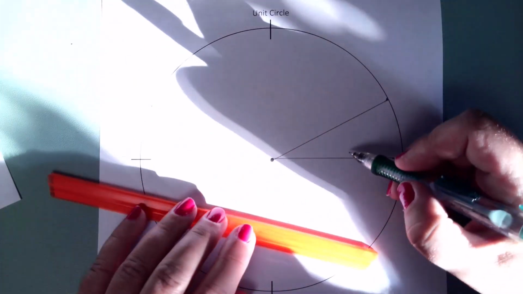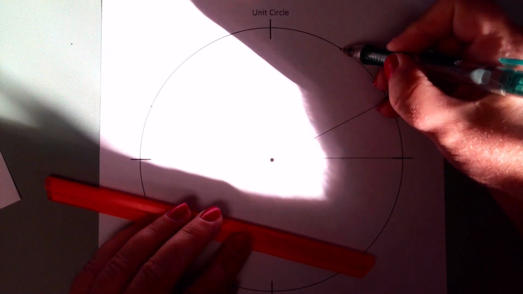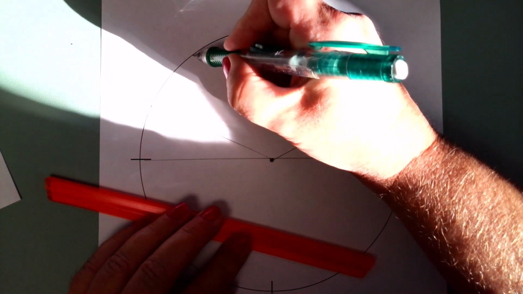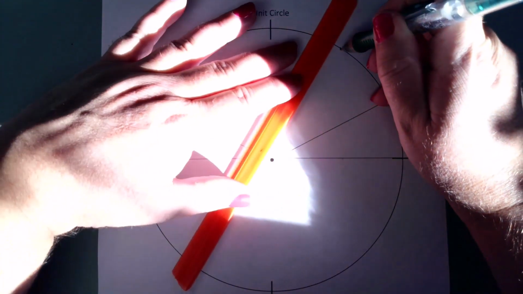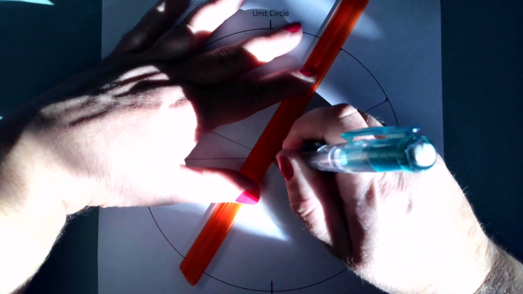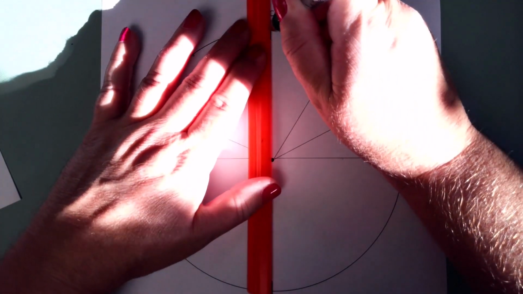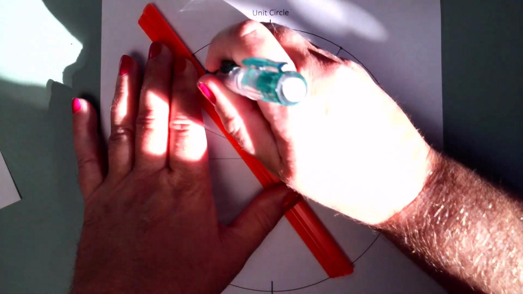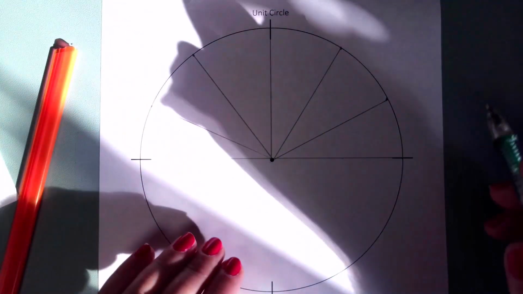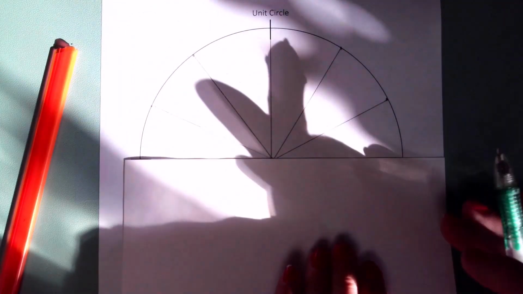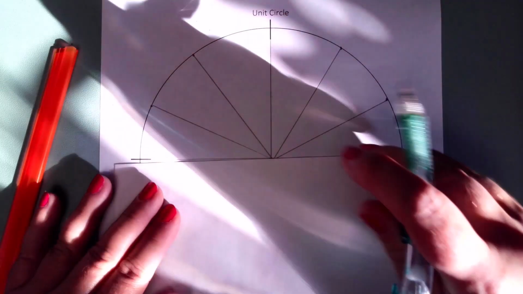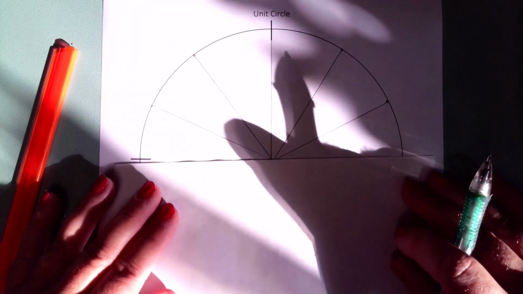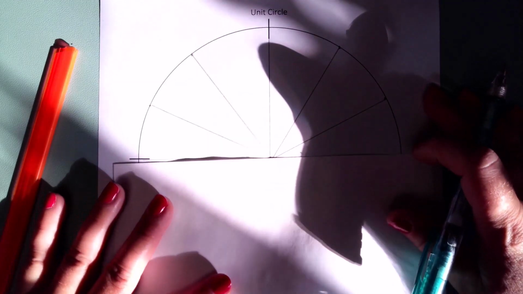And I'm going to go ahead and draw in the pi over 3's that I had. And you'll notice as I draw through up on the y-axis as well, we have divided the top half of that circle into 6 equal pieces.